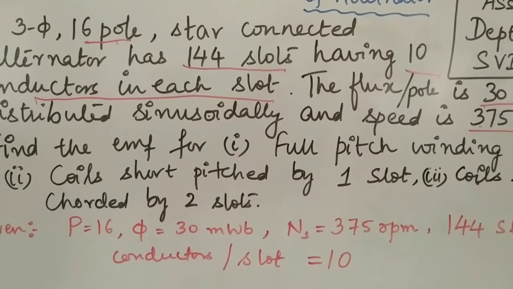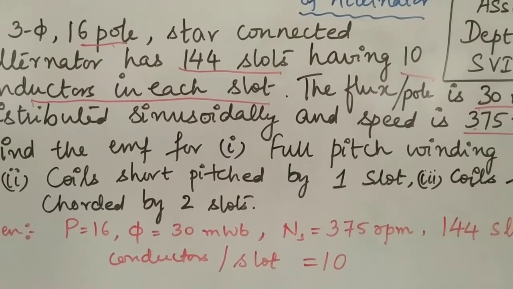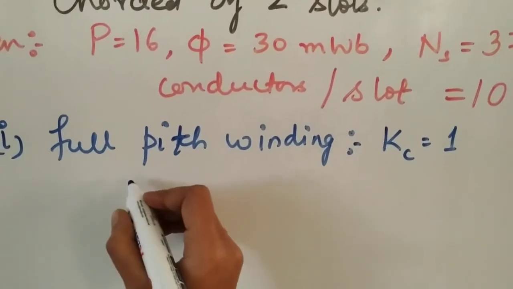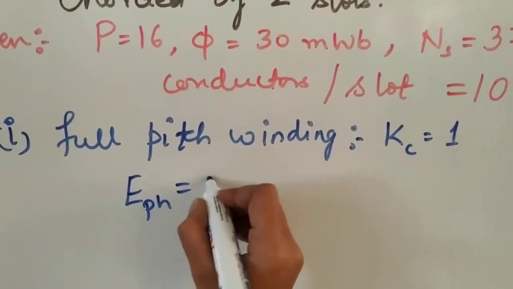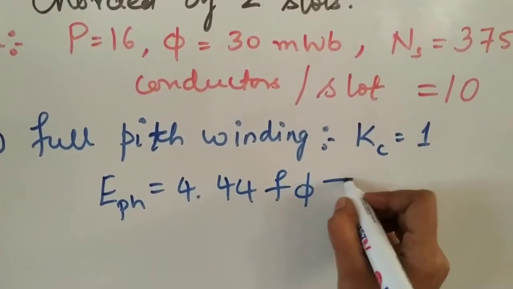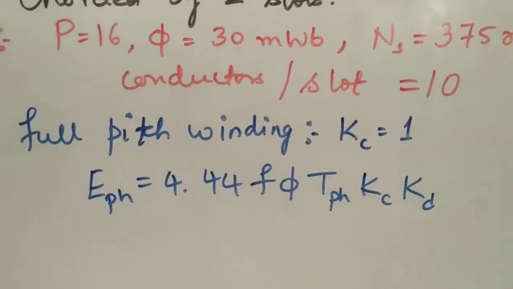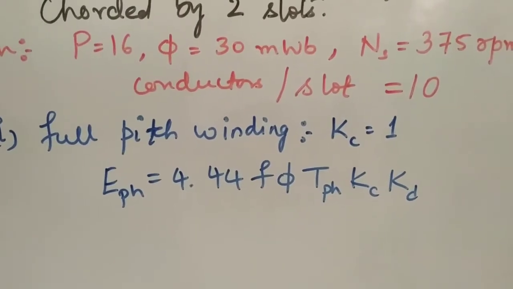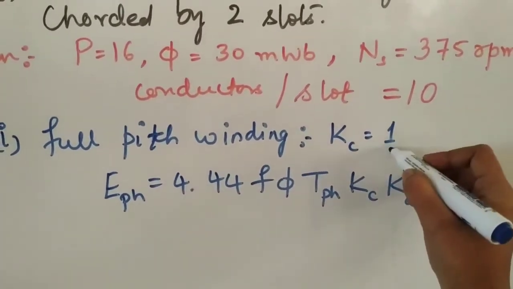Now we need to find out the EMF produced with the full pitch winding. So let us recall the formula of the alternator: E phase is equal to 4.44 f phi T phase Kc Kd. Here, for the first case, the full pitch winding, the Kc value will be equal to 1.